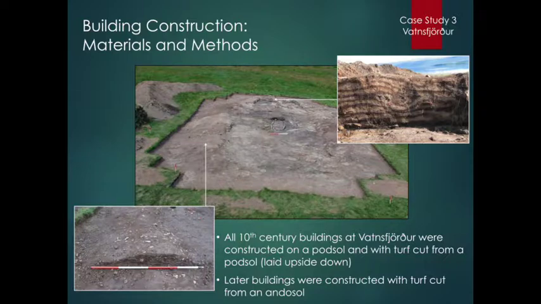They've all been turned upside down so that you have the black A horizon, the eluviated horizon, and the reddish horizon, and another black A horizon, and another eluviated horizon. So it keeps going all the way up. So you can see that this is a very common method for construction, even on turf houses right up until the early 20th century. The turf was turned upside down, and we know now it goes back to the Viking Age.